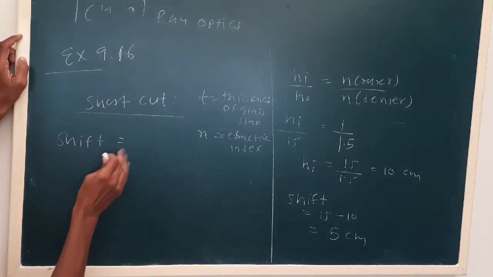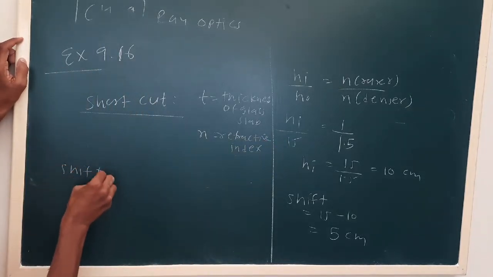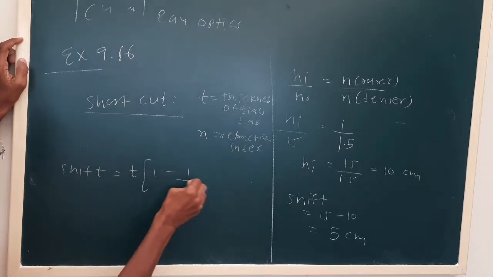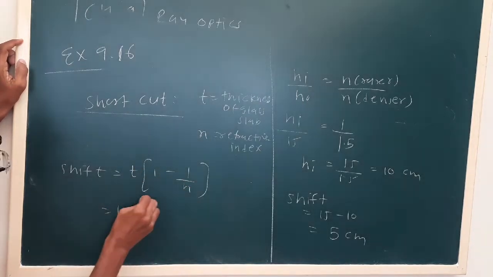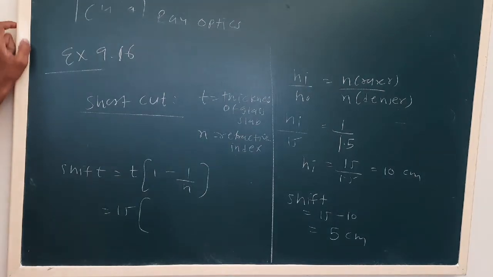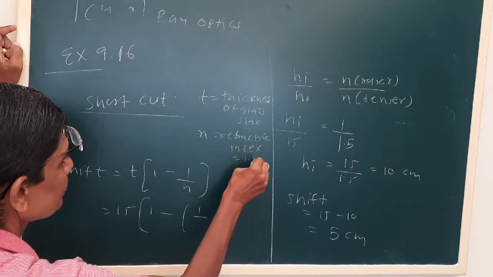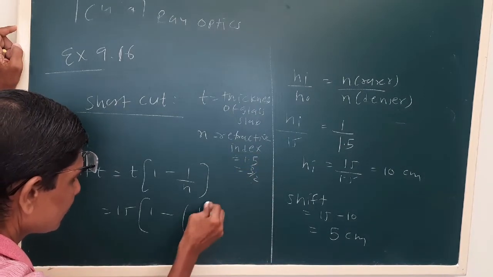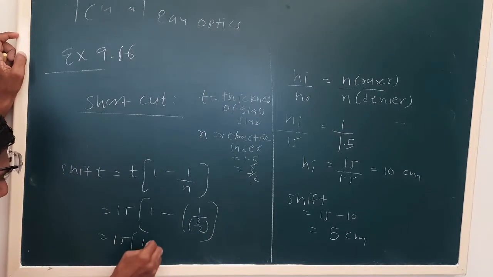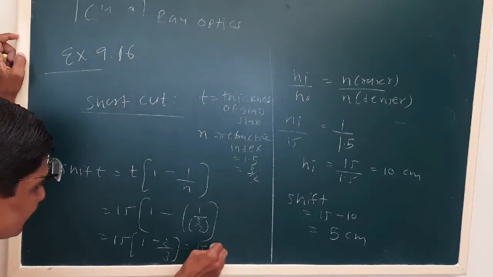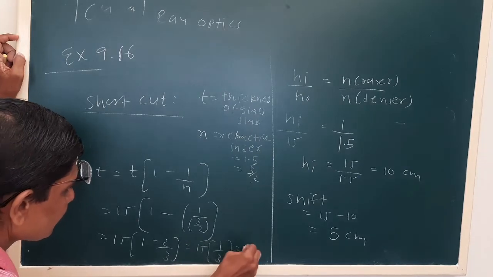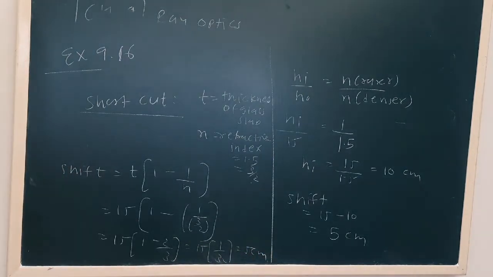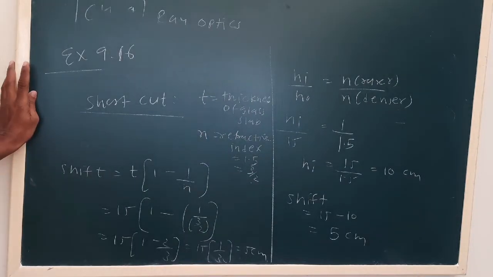Then the shift is T into 1 minus 1 by N. Here T is 15 centimeter, the thickness, and N is 1.5, that is 3 by 2. So that is 15 into 1 minus 2 by 3. By using the shortcut we can solve. So this is about exercise number 9.60.